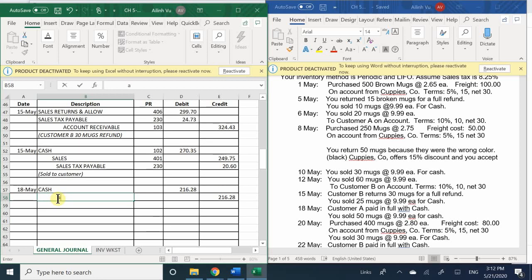So we're going to credit our accounts receivable. Good. What are those accounts? So we've got 102 and 103. And what's our description?